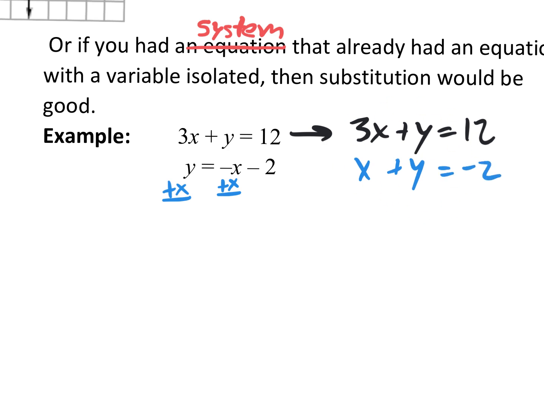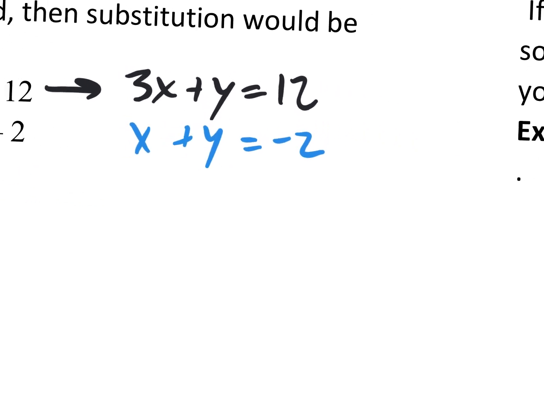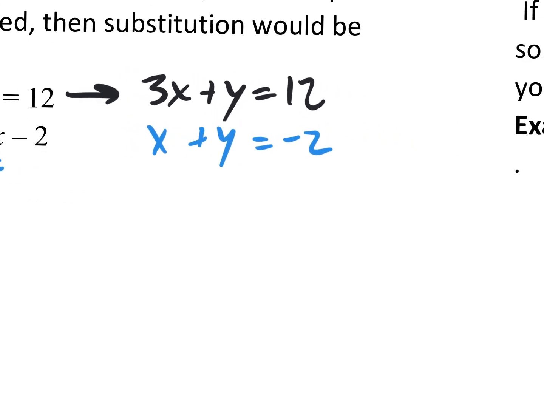What would you like to cancel, x's or y's? Y's, okay. What would I have to do to eliminate the y's? I'd have to multiply either equation by negative 1. So I'm going to go with the bottom equation, multiply it by negative 1. That way this will become a negative y that'll cancel with the positive y. On the top, I'm going to leave it exactly the way it is, 3x plus y equaling 12. The bottom equation we're going to modify.